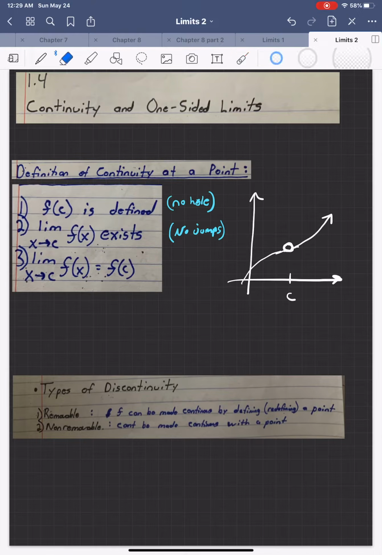Now, what if the graph looked like this instead? What if instead of being a hole at C, there was a vertical asymptote? And now the graph looked something like this.